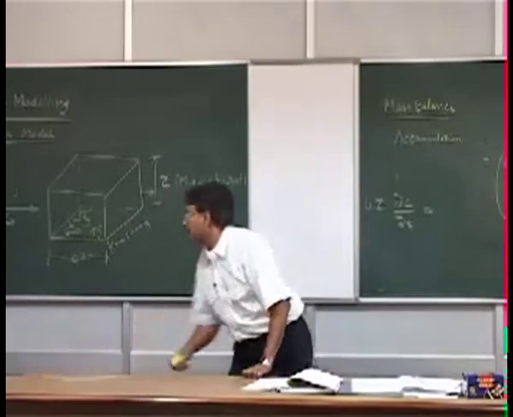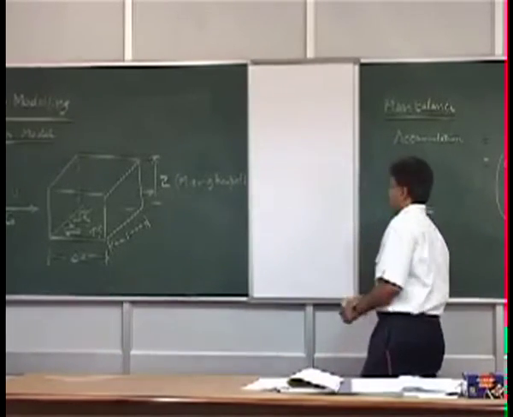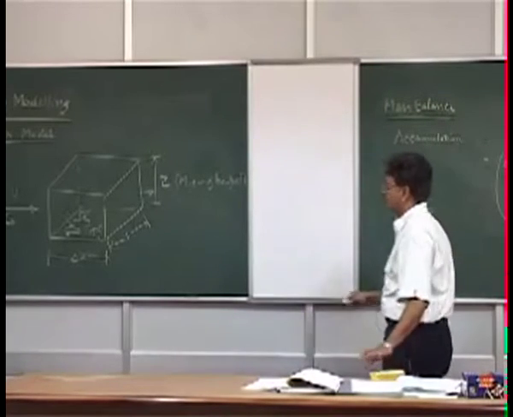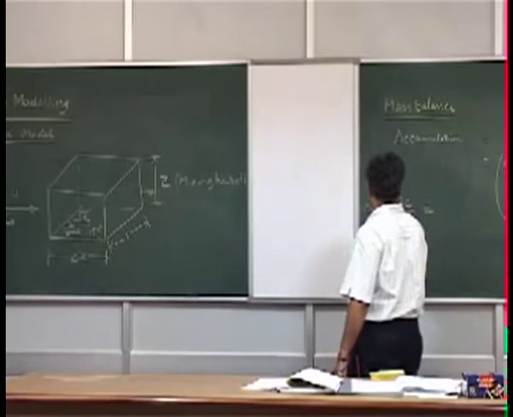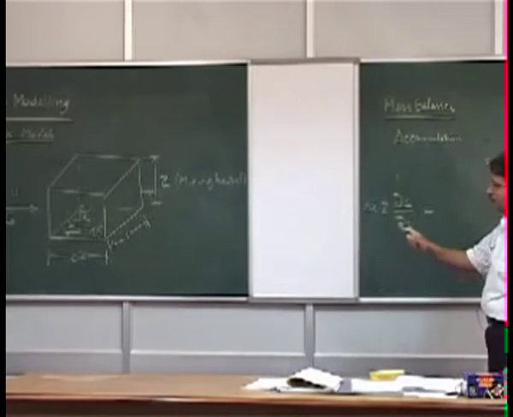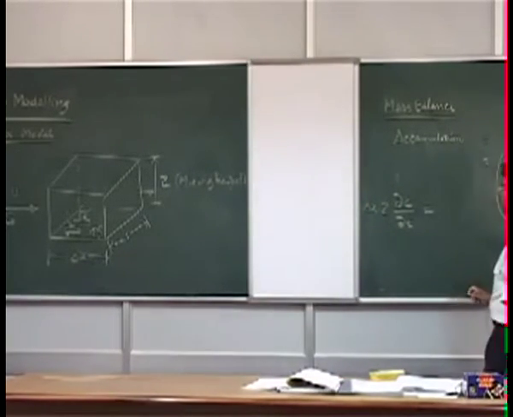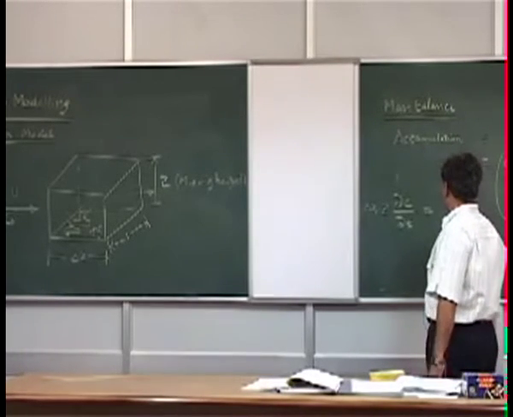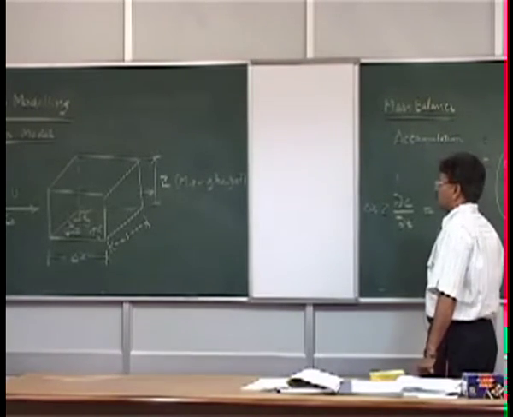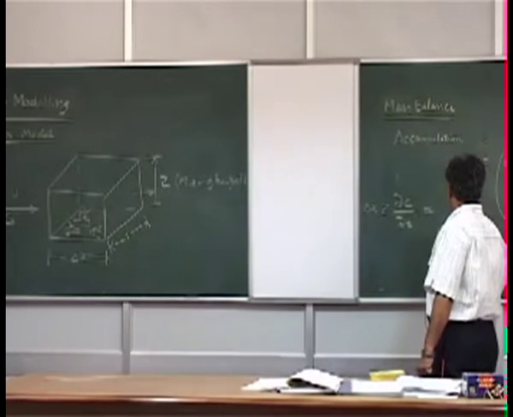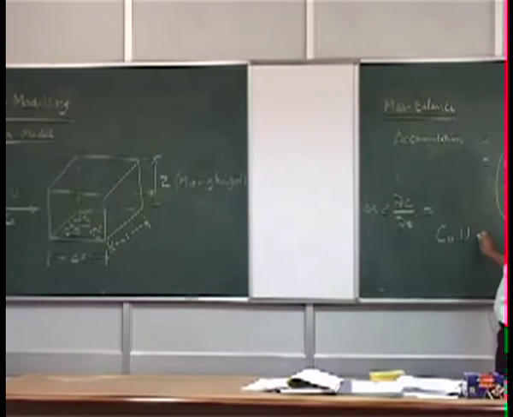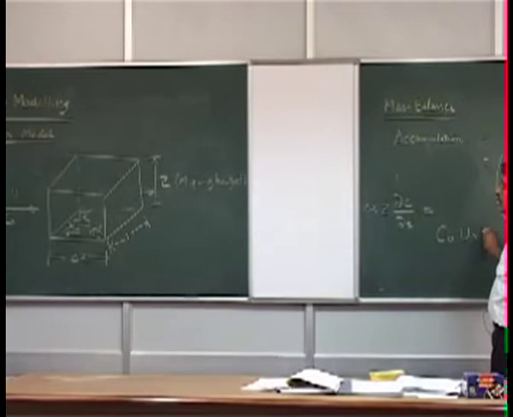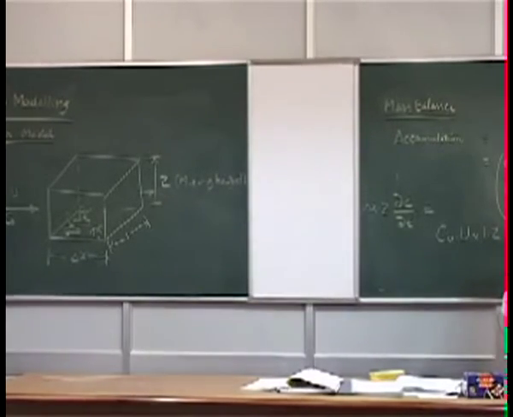I think you got it wrong here. We are inside the box, so let's take the box. Input from outside the box: how much is coming? C naught times U times Z. Do you agree with that?